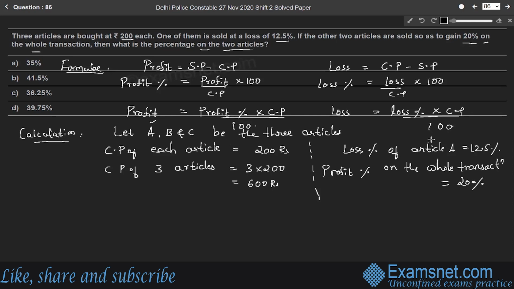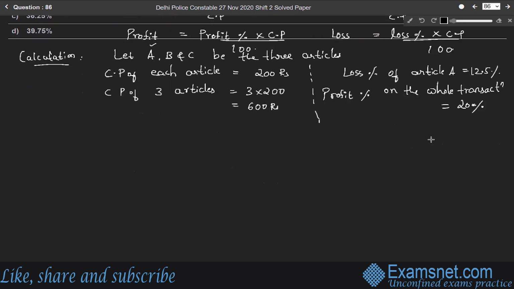So we know the value of profit percentage and loss percentage. Now, the cost price of all three articles is equal to 600 rupees. These are the values which are given in the question.